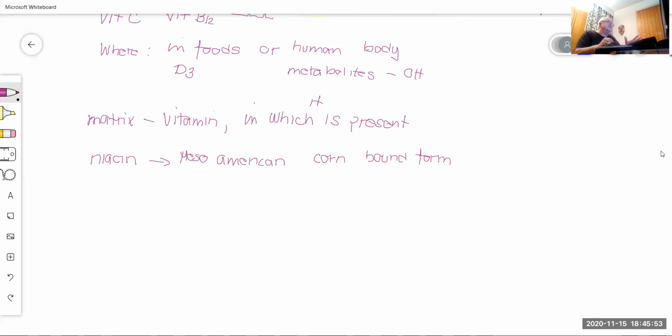That means that if you consume corn as such, so let's say you cook it or broil it, the majority of the niacin activity is then in the bound form. But the Mesoamericans' traditional way of preparing food is an alkaline treatment.